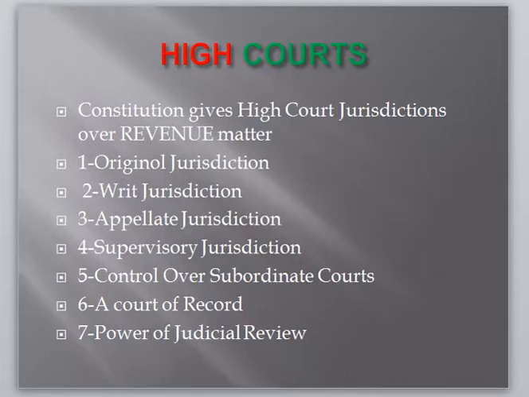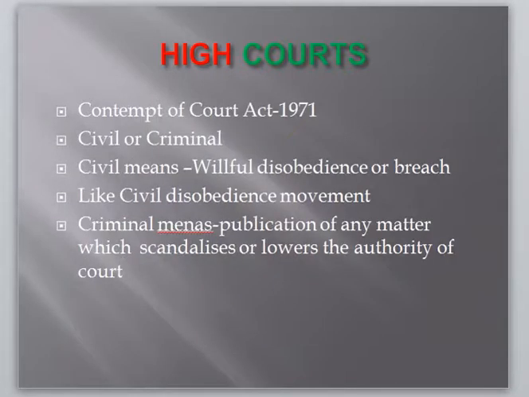Then next point is judicial review. But one more thing I would like to tell you is that the Contempt of Court Act 1971 is there. Under that they can punish you in civil or criminal terms, as there are two types, civil and criminal. Civil means willful disobedience or breach. If a person willfully does not follow the orders of the high court, then it comes under civil contempt of court.